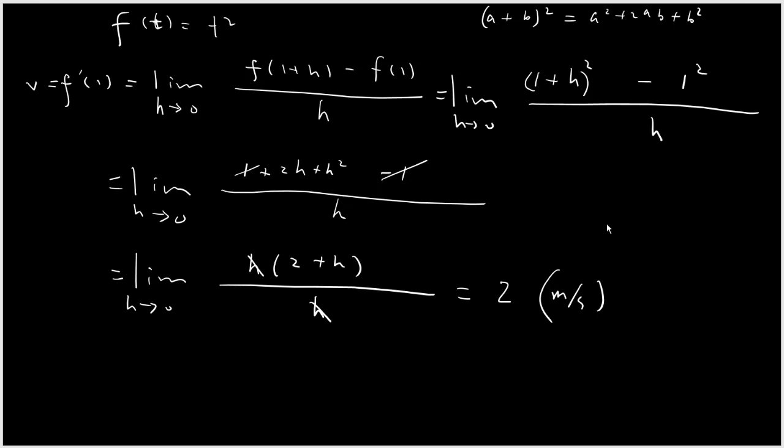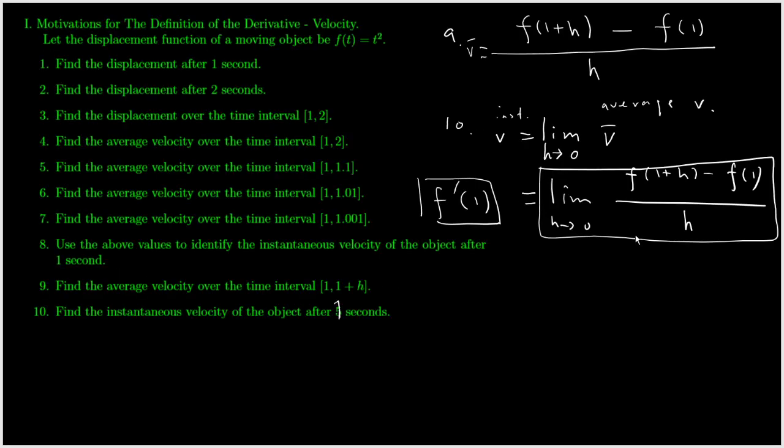In the future, if I want you to evaluate the limit, you have to use properties of limits, something like this, to compute the limit. So that makes sense? I'm trying to say, now look at question number 3, 4, 5, 6, up to 7. From question 3 to 7, using these numbers, it's possible to guess the limits.